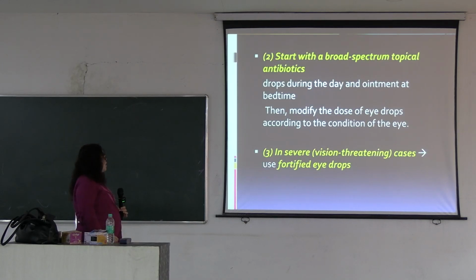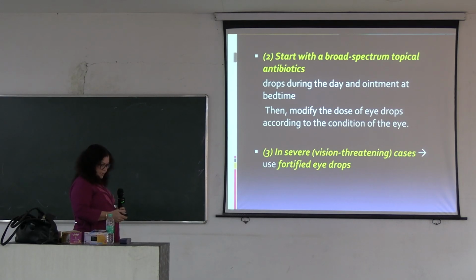First we start broad spectrum antibiotic eye drops and ointment. Eye drops are given in the daytime and ointment at bedtime. If the culture and sensitivity result comes, we modify the treatment according to the organism.